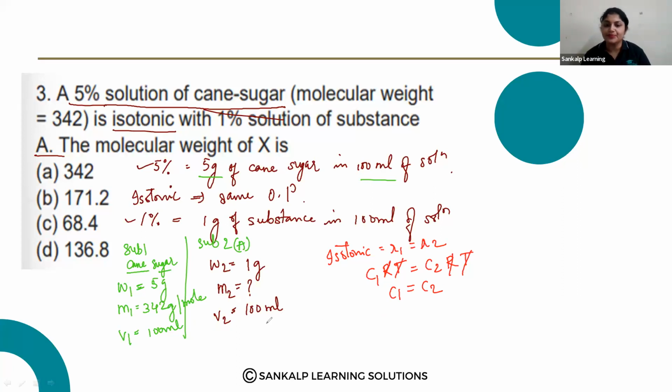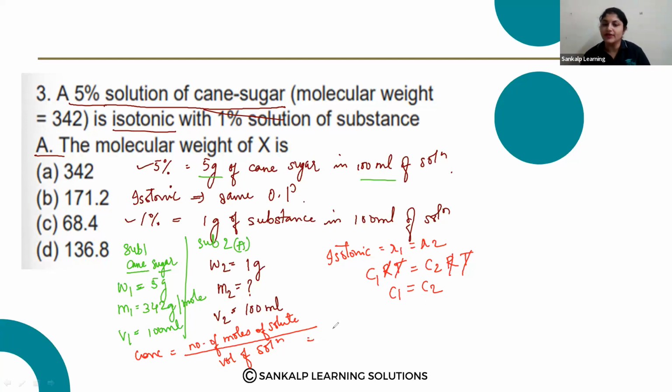Now, how is concentration given? Concentration is the number of moles of solute divided by the volume of solution.